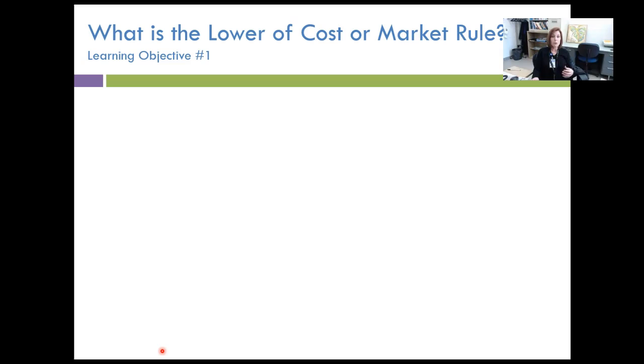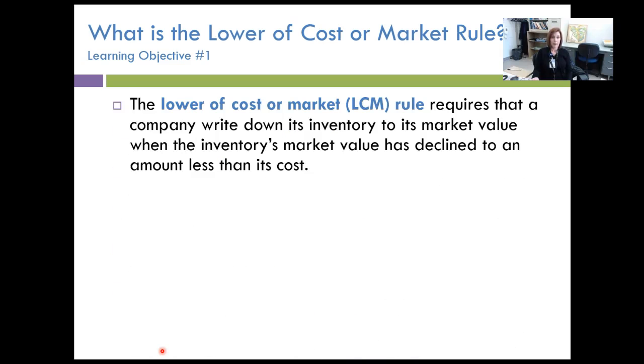And so there's a couple of rules we're going to look at, and we'll start first with the lower of cost or market rule. The lower of cost or market rule says that we're going to book our inventory at the lower value, whether it's our cost that we've assigned through LIFO, FIFO, the other methods, or whether market value is lower, and that an honest representation of our inventory demands us to, in fact, write down our inventory to market value.